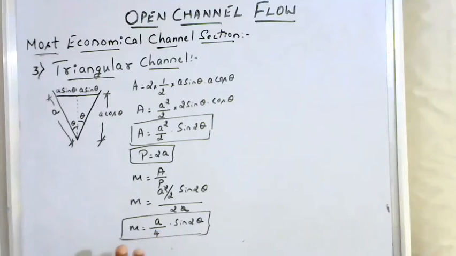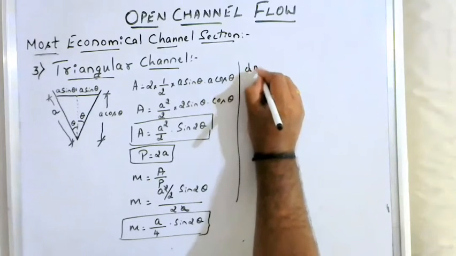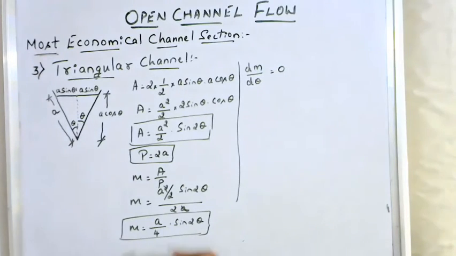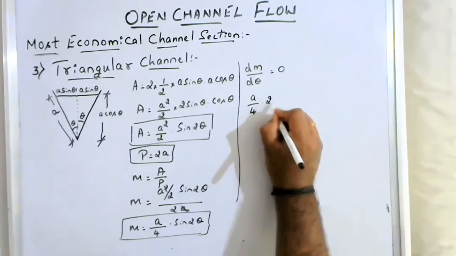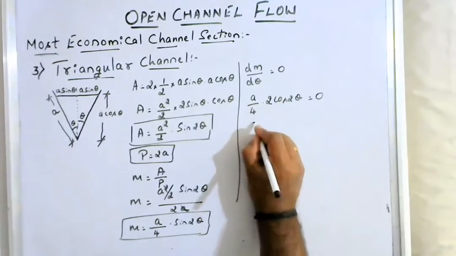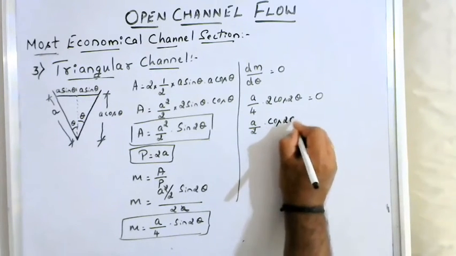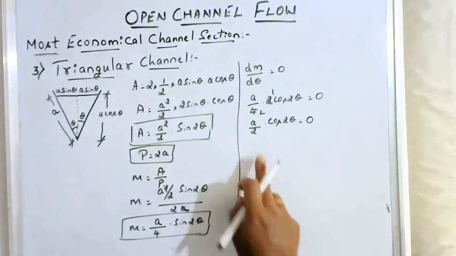For the most economical section, the condition I'll use here is differentiating this hydraulic mean depth with respect to theta and equating to 0. Just differentiate with respect to theta. a by 4, what is the differentiation of sine 2 theta? It is 2 cos 2 theta. Therefore, it becomes a by 4 into 2 cos 2 theta equal to 0, that is a by 2 into cos 2 theta equal to 0. As you observe, there are two terms.